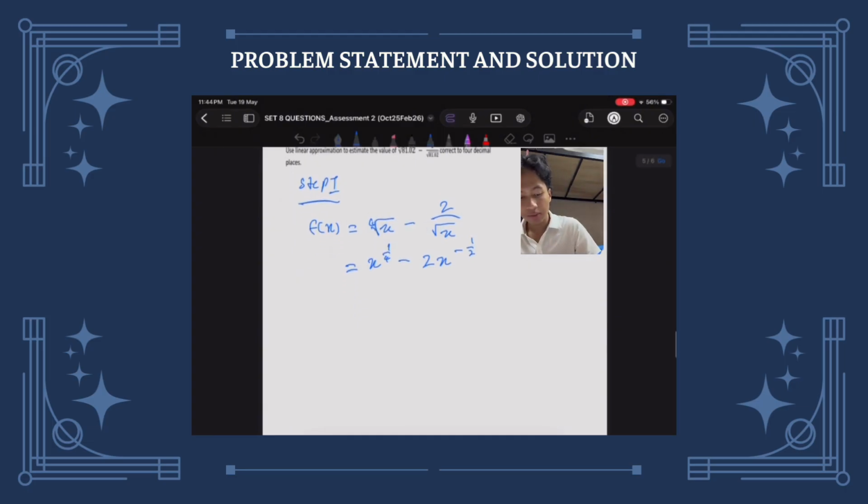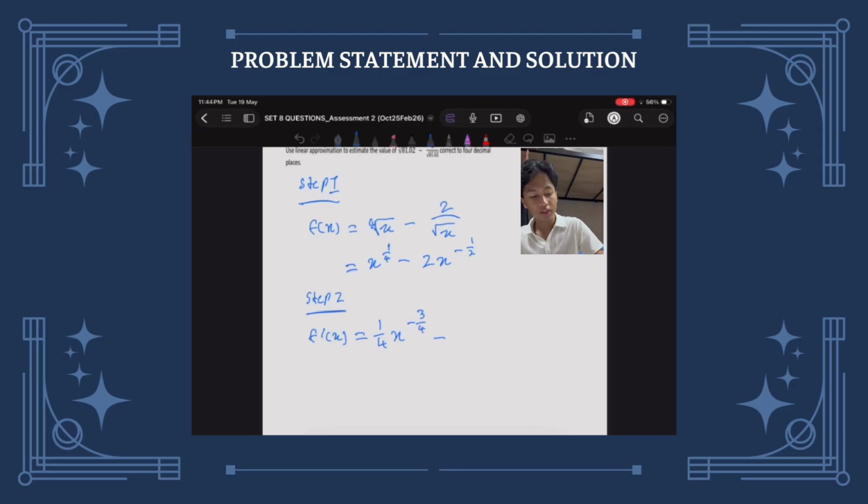And then step 2, we differentiate f(x) to compute f prime x. So f prime x equals, we differentiate, 1 over 4 x to the power of 1 over 4 minus 1, so we get the power of negative 3 over 4.